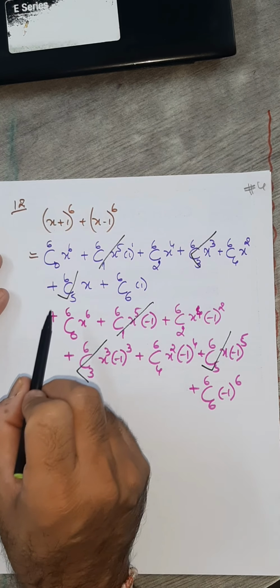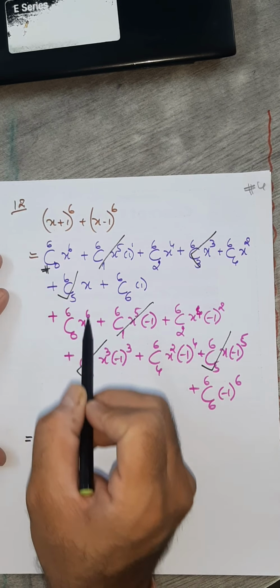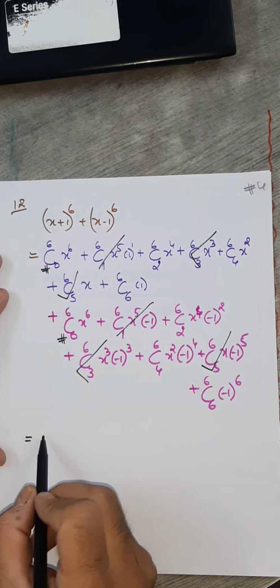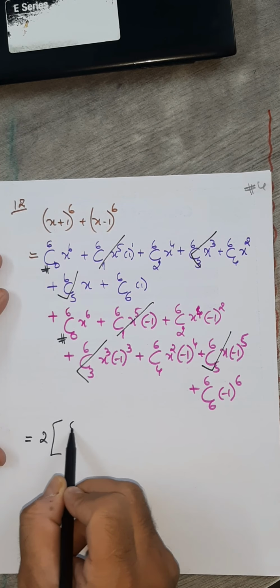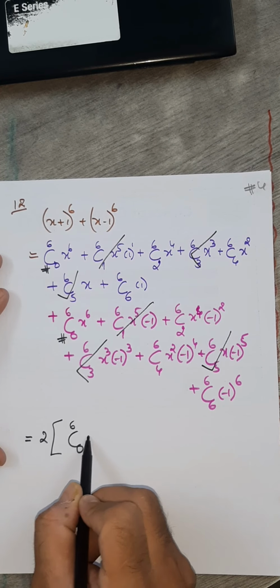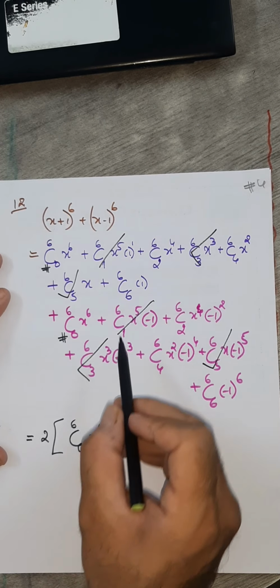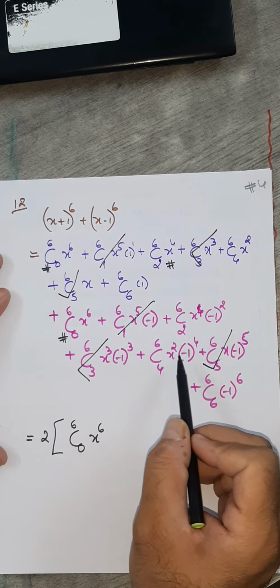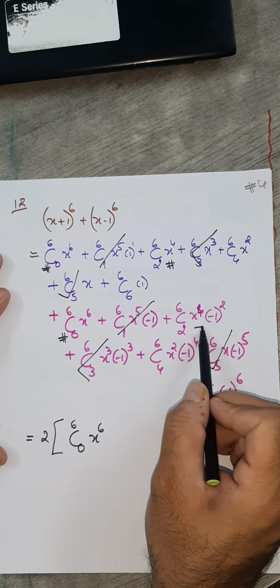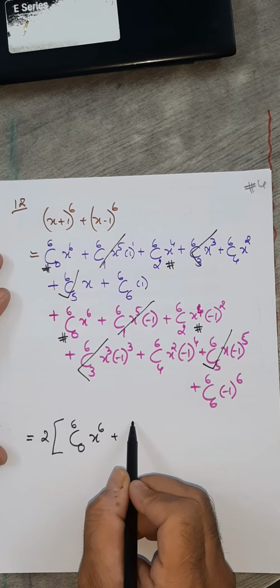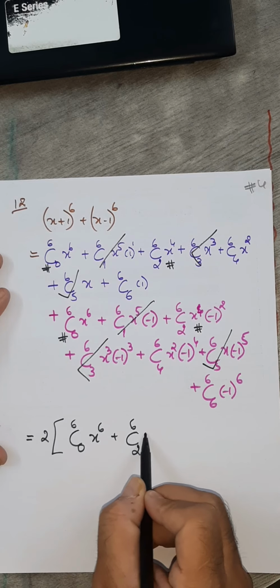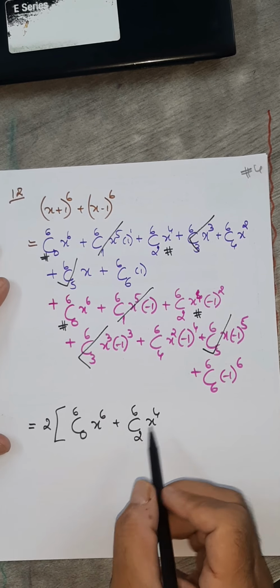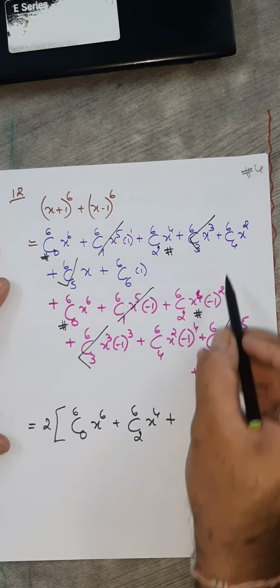Okay, now what about the remaining terms? This one and this one, this will be double, so I'll write twice 6c0 into x raised to 6. What about this? X raised to 4, here also x raised to 4, this is positive again, remember, so this is also double. 6c2 into x raised to 4, plus what about this?